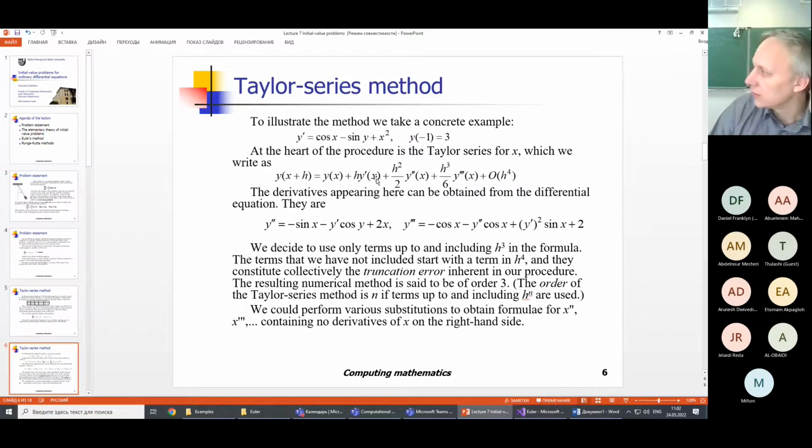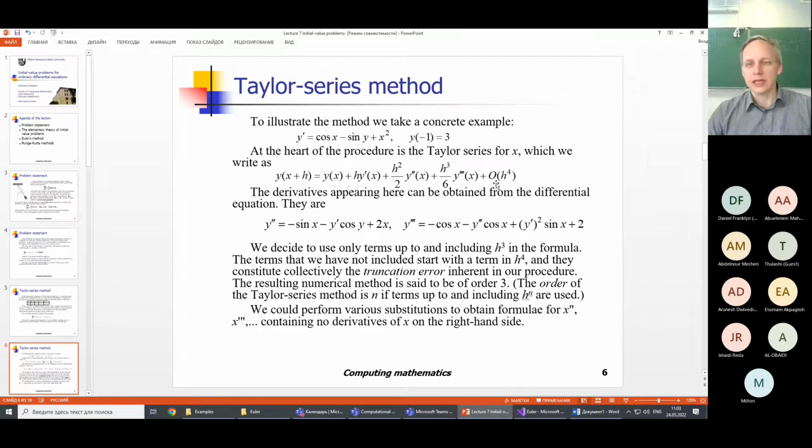We already wrote it several times on different lessons because the Taylor formula, Taylor series, is a basis for many methods, especially for the methods for solving differential equations. y of x plus h, here x is some point and h is a step. y of x plus h equals y of x plus h times y prime of x plus h squared over 2 times the second derivative of y plus h power 3 over 6 times the third derivative, and so on.